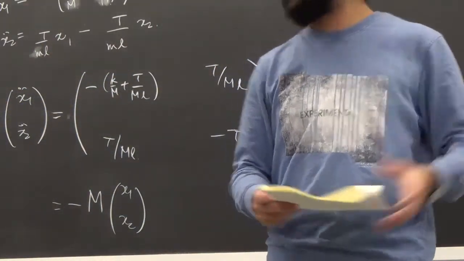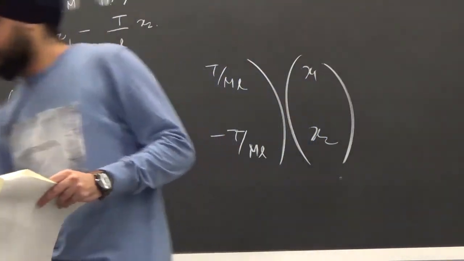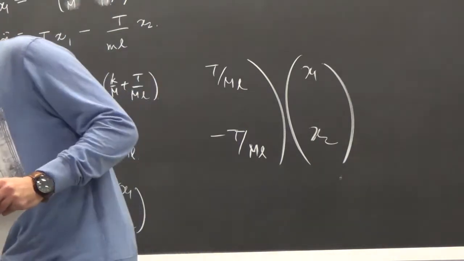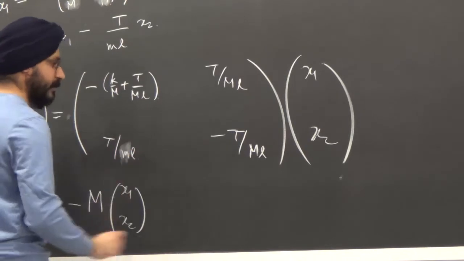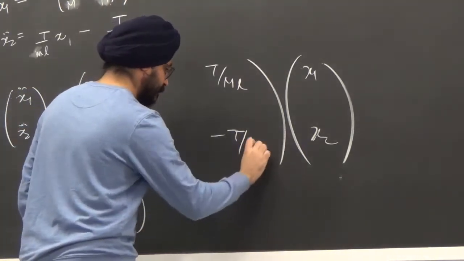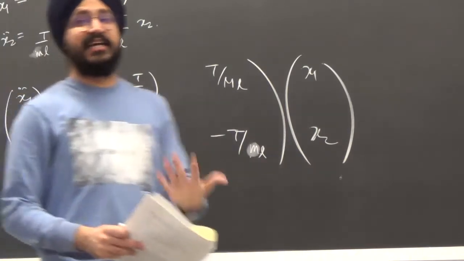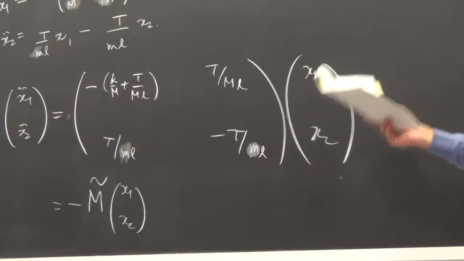Their omega squares are the eigenvalues of this matrix m. Yes? On the bottom, the m should be lowercase. Yes, thank you. So this is little m, this is little m, let's call this matrix m tilde. That's the 2 by 2 with the minus sign out, and omega squares are the eigenvalues of this matrix. Okay, you are okay with that?